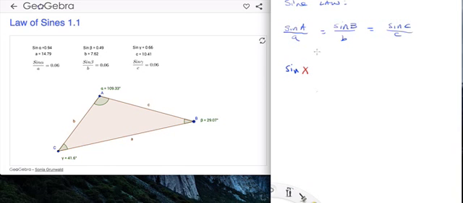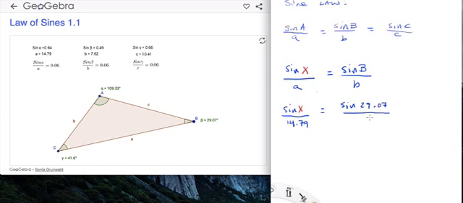We're going to make that unknown angle angle A, which means that the opposite side of angle A is side A, and that's going to be equal to sine of angle B divided by the opposite side, which is side B. So sine of x, we don't know what x is, over the length of A, which is 14.79, equals sine of angle B, sine of 29.07, divided by side B, which has a length of 7.62.